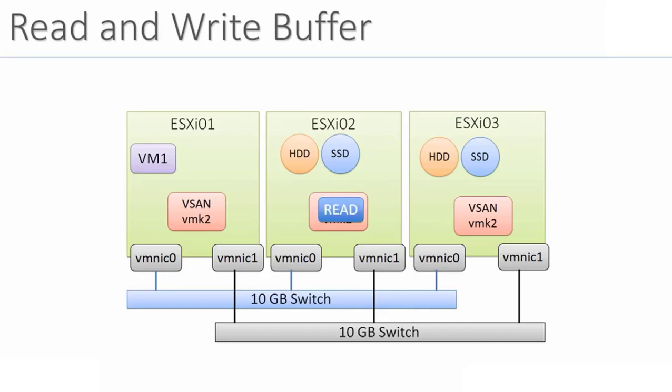Basically, when we write, we write a copy on both ESXi hosts, ESXi2 and ESXi3. In this way we can save our storage file on two separate physical servers, so in case of failure we can easily recover from either one of these servers.